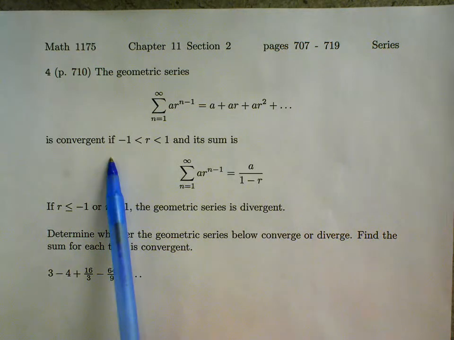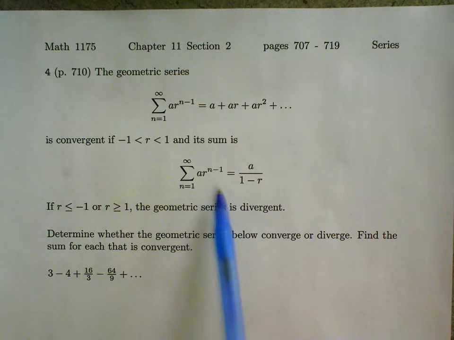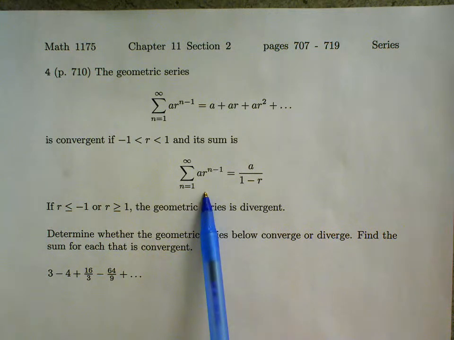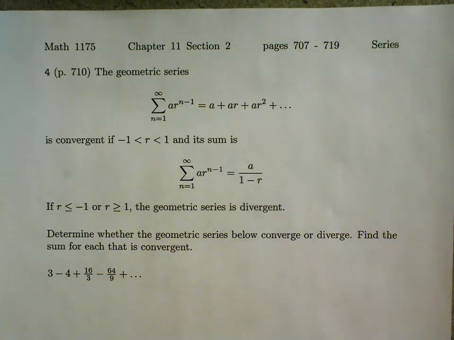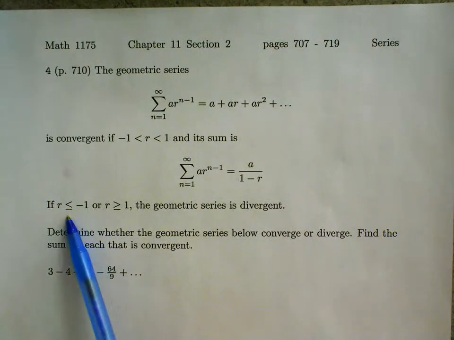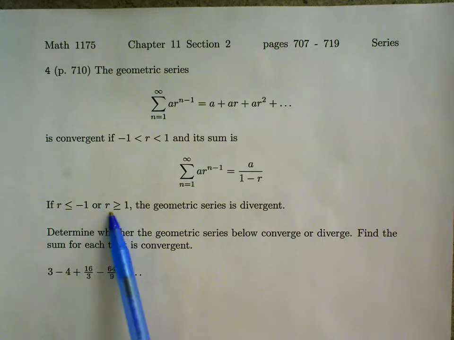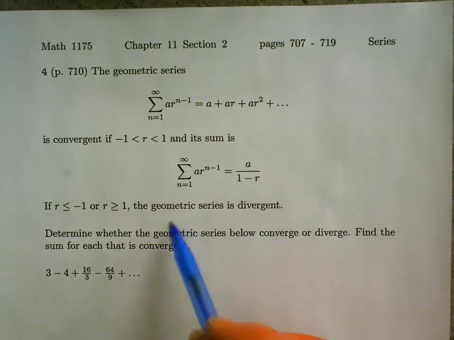It's convergent if r is strictly between -1 and 1, and its sum is a divided by 1 minus r. If the common ratio r is less than or equal to -1, or if it's greater than or equal to +1, then the geometric series is divergent.